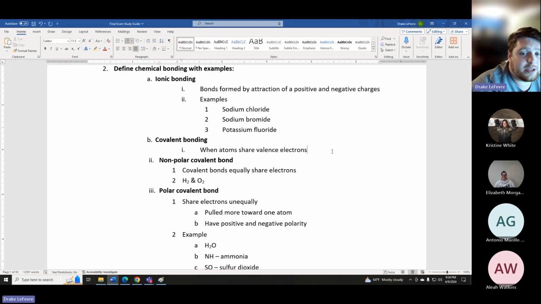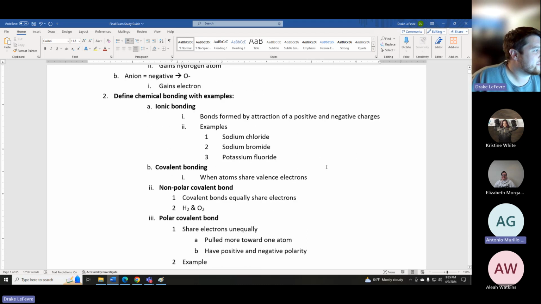Tertiary is going to be some disulfide linkages, but also hydrogen bonding as well. And then quaternary as well. You're going to have the van der Waals forces and hydrogen bonding. If you don't remember, guess hydrogen bonding. 90% of the time, you're right.